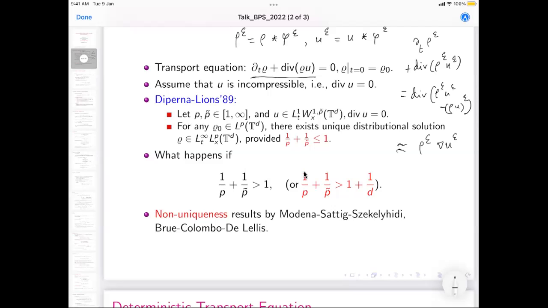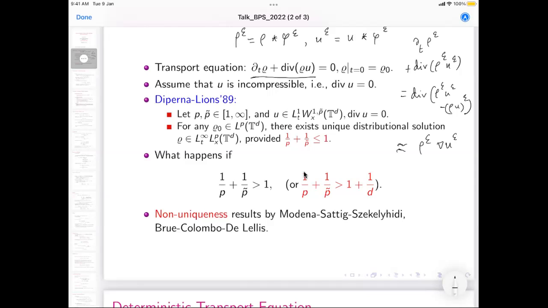Anyway, this kind of non-uniqueness result has been worked on by many people, starting with the work of Modena and Székelyhidi, and then there has been an improved version of that, and Sattig also worked with these two people.